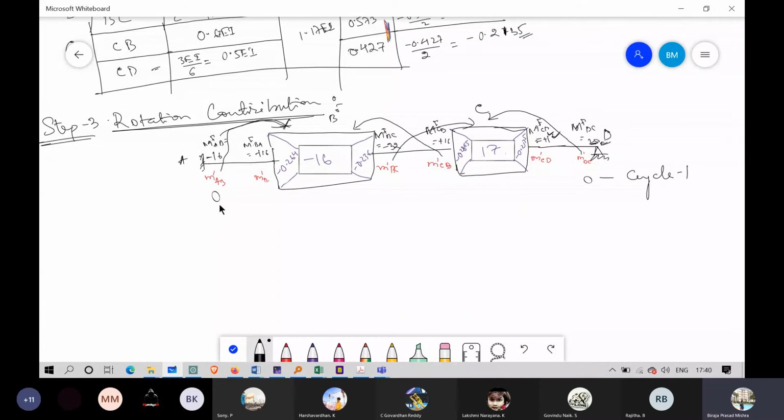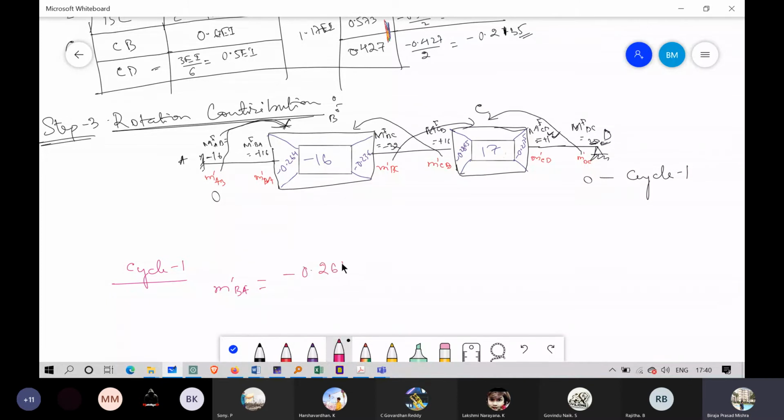Okay, so now let's write cycle 1. Let us calculate the first cycle. So M dash BA, what will the value of M dash BA equal?